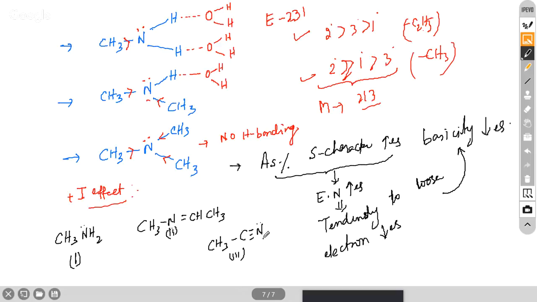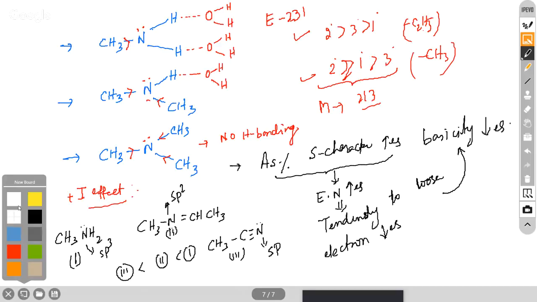This is sp hybridized, this is sp2, and this is sp3. Percentage s character is maximum in sp hybridized, 50%, right? So basicity of the third one is minimum, then the second, and then the first. So these two factors you must keep in mind.